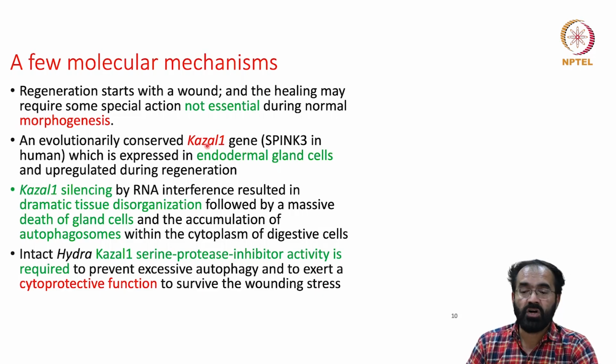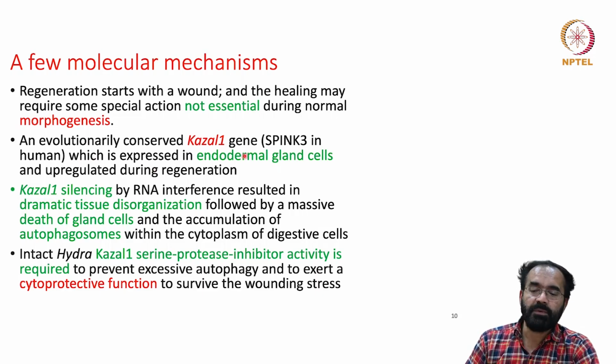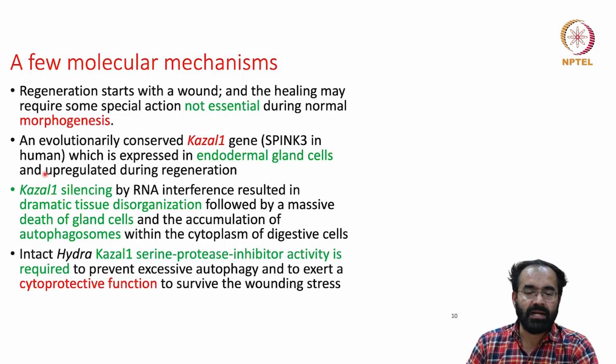And in Hydra it is called Cell1, which is expressed in the endodermal gland cells inside the body, and upregulated during regeneration. In human, the same gene is called SPINK3. Cell1 silencing by RNA interference resulted in dramatic tissue disorganization.